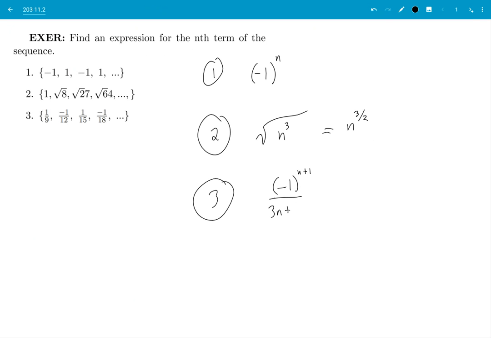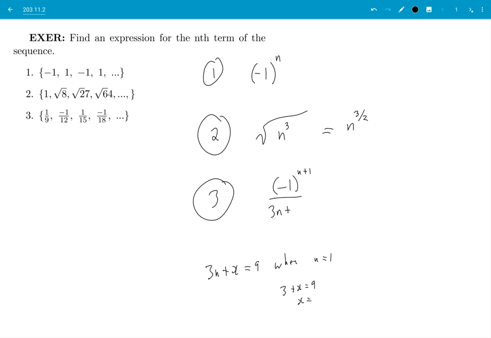So the easiest way to do this is just to plug in 1. You could do something like 3n plus this number I'm looking for should equal 9 when n is equal to 1. So 3 plus x equals 9.